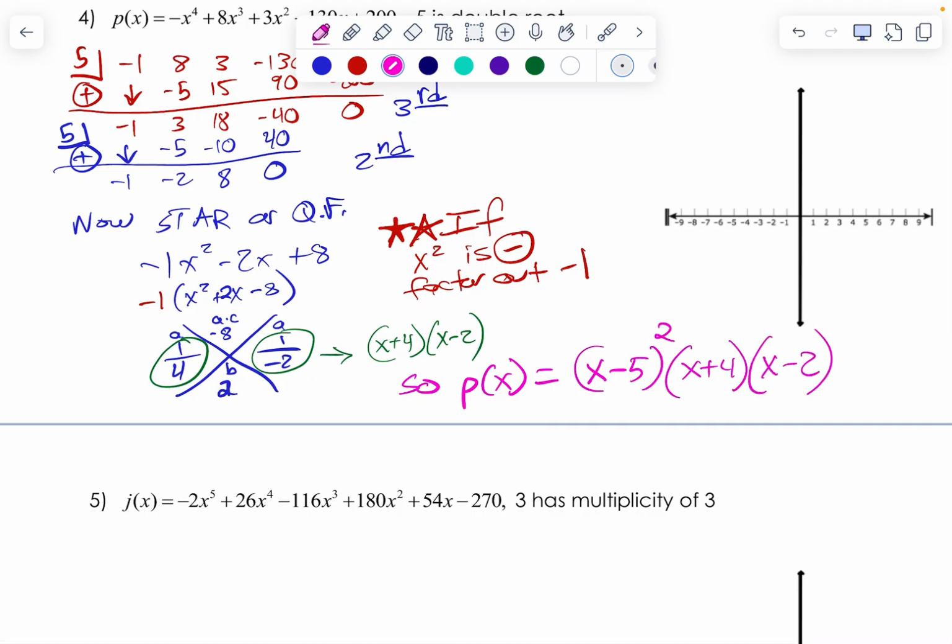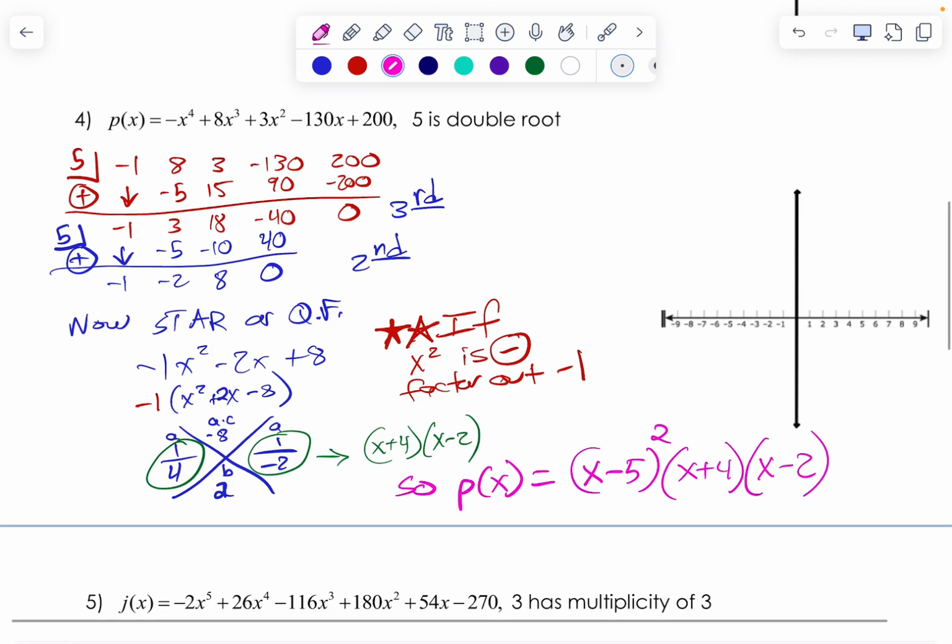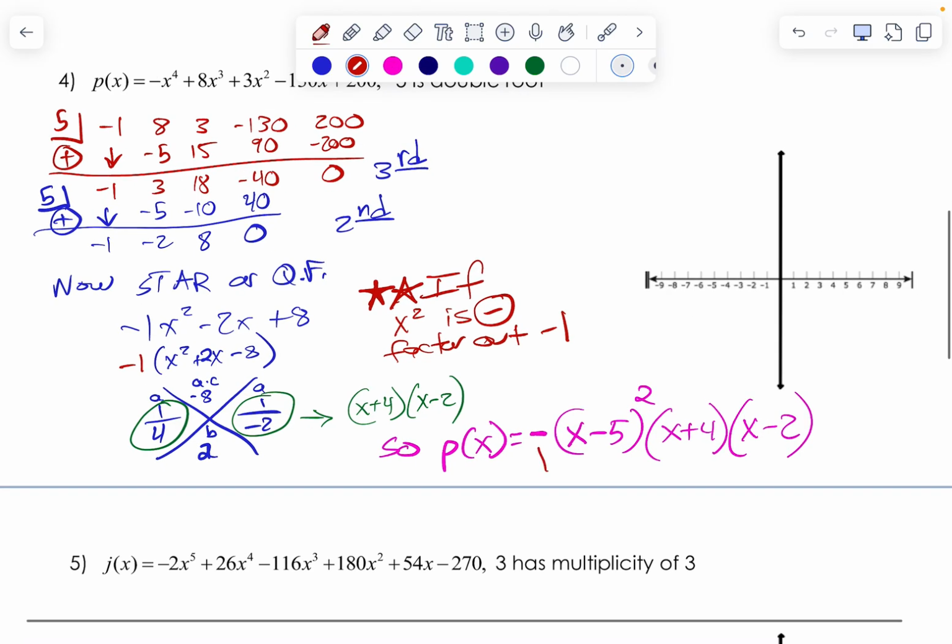And then if you notice that negative 1 that we factored out, we need to add that back in, right? So it needs to go back in the front. That's factored form.